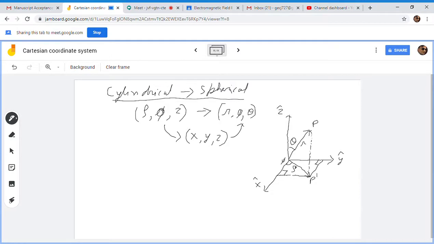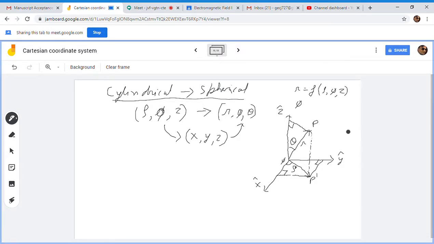Now just see how you can do it. Direct transformation. So what you need to do, you need to find three things: r as a function of rho, phi, z.